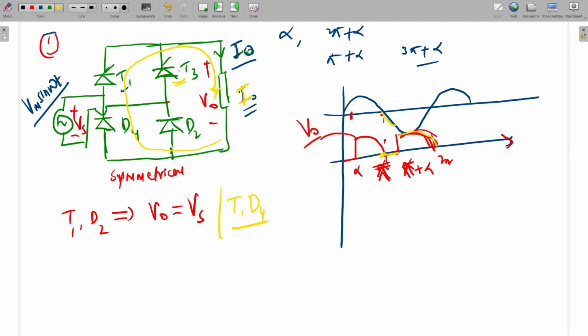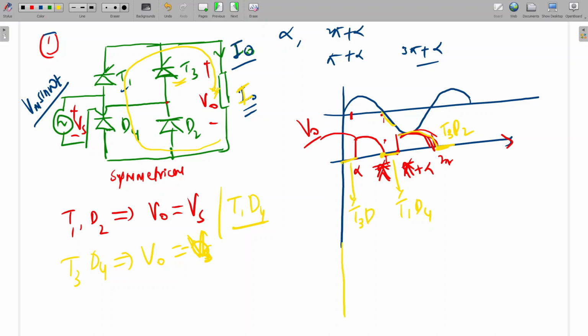Again at pi plus alpha we fire T3, so T3 and D4 will conduct, and the output will be equal to minus Vs. Again in this section T3 and D2 will conduct. Here T1 and D4 conduct, and during this section T3 and D2.